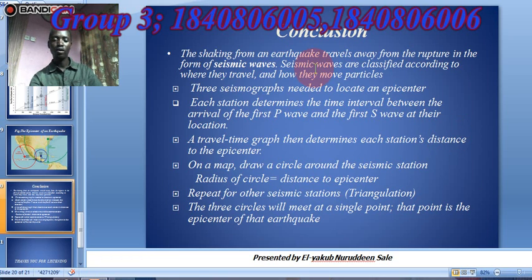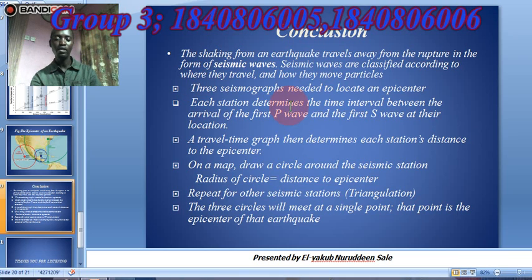So conclusively, the shaking from an earthquake travels away from the rupture in the form of seismic waves, and these seismic waves are classified according to where they travel and how they move the particles as they travel, and we have to explain that one. Basically they differ in propagation speed, and that is why we are able to make a lot of analysis on these waves.